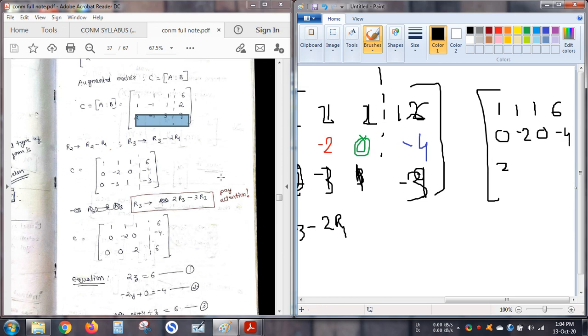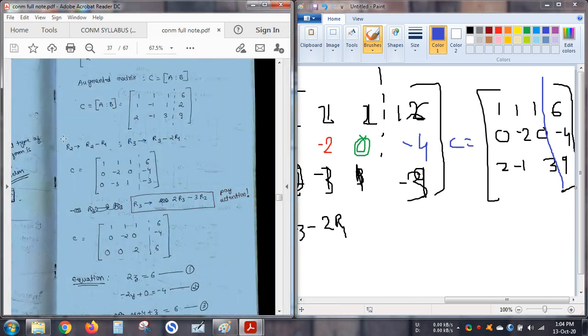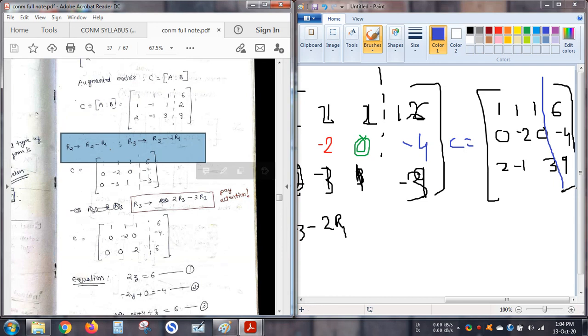2, minus 1 3 and 9. So here I have my augmented matrix. This is the augmented matrix after performing these two operations. Now I have been successful in making this 0. इसमें भी क्या था ना, तो ये भी तो चेंज हुआ है.